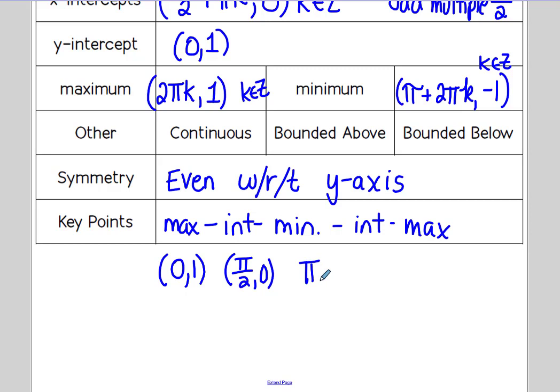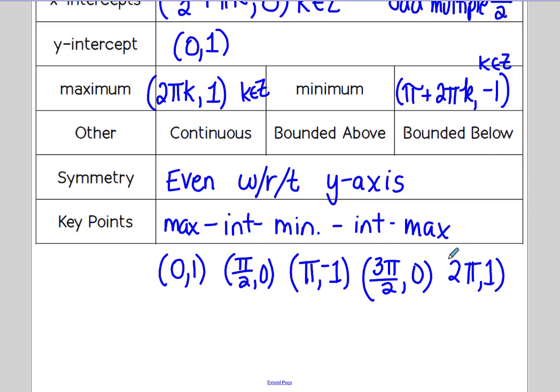The minimum happens at pi. The next intercept is 3 pi over 2. And then at the end, the maximum is 2 pi. So those are our 2 parent functions for this lesson, sine and cosine.